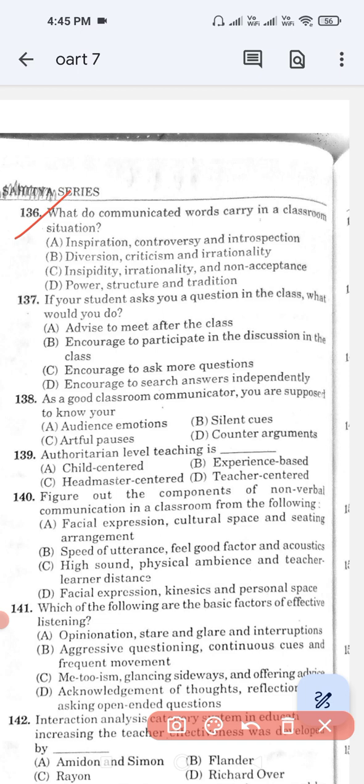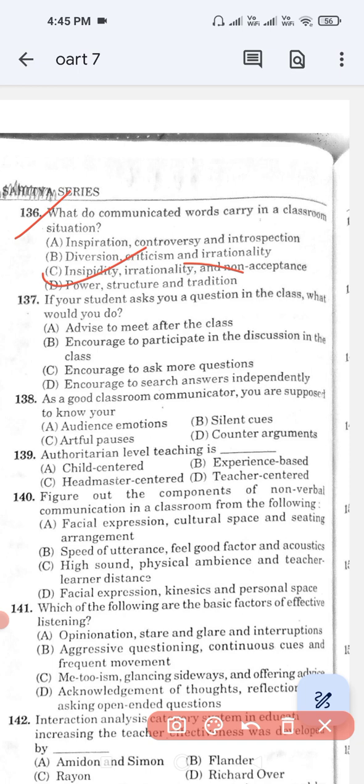Option C, insipidity, irrationality and non-acceptance. Option D, power structure and tradition. So option D is the correct answer. Power structure and tradition words carry in a classroom situation.